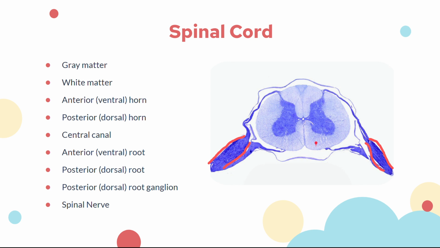It leads all the way up here to the posterior dorsal horn, which makes sense. And then our spinal nerve would be this section that essentially comes together right here. So these would be our spinal nerves.